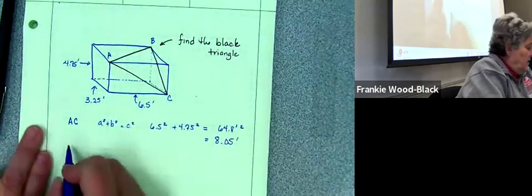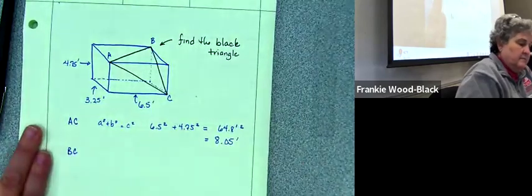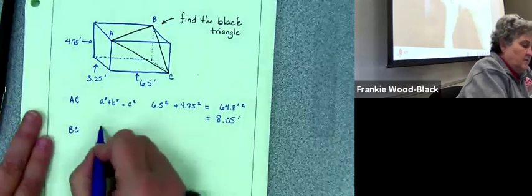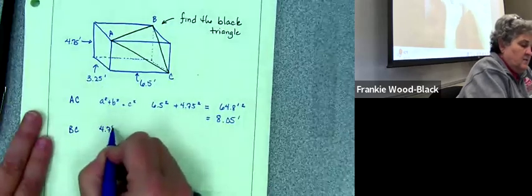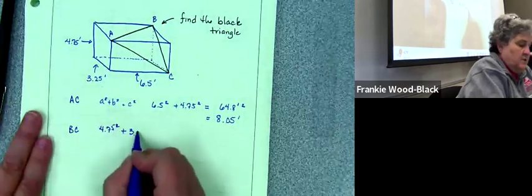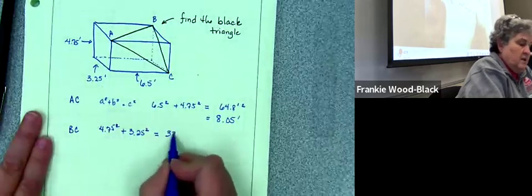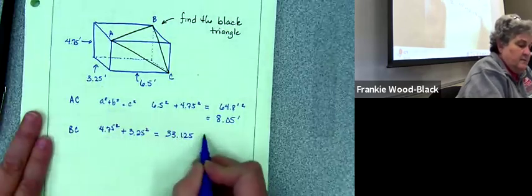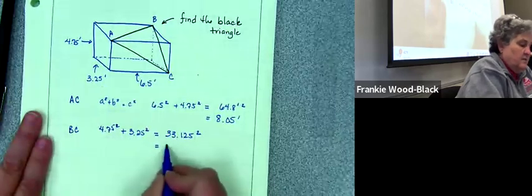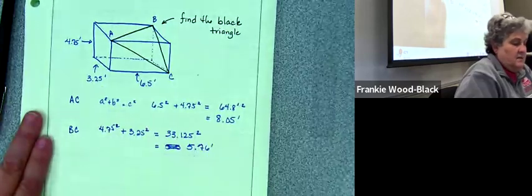I'm going to do my BC next. That's 4.75 squared plus 3.25 squared gives me 33.125, which gives me 5.76 feet.